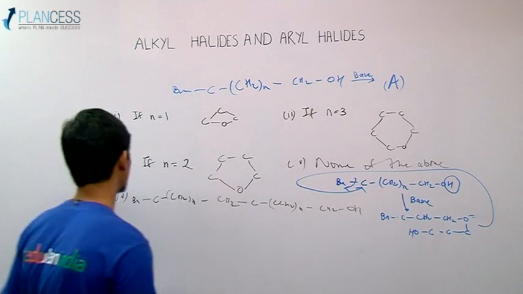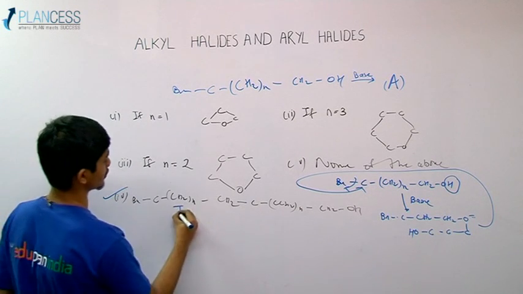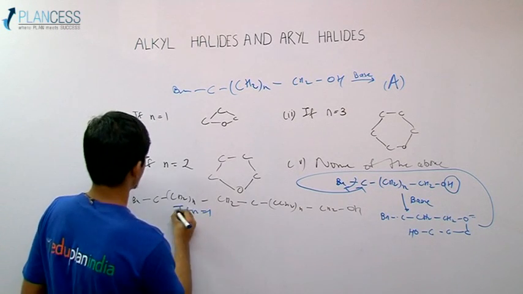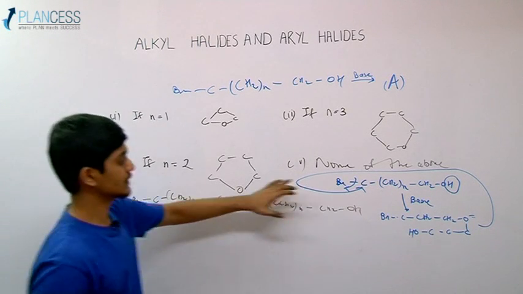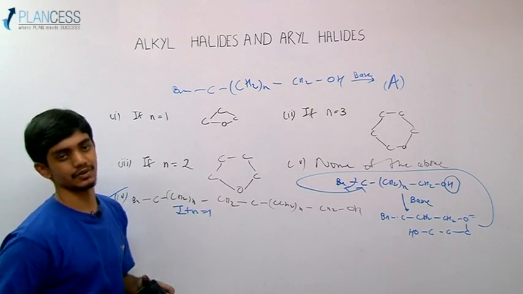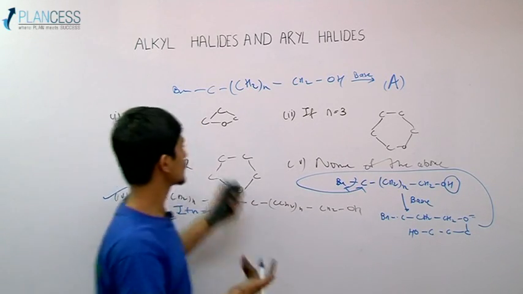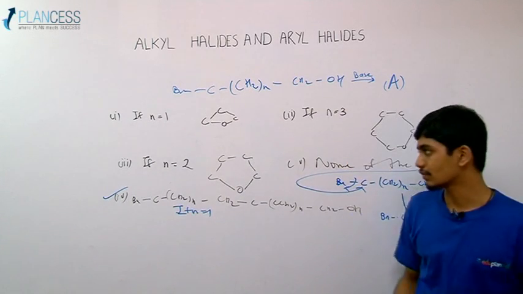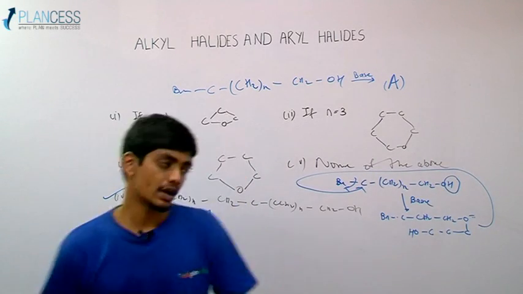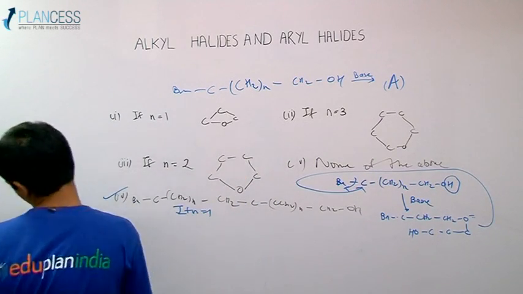So something like this product if n equals 1. So that means this is not a correct option, because n equal to 1, it suggests some cyclic kind of structure in which there are 3 carbons and 1 oxygen. So our correct answer must be the fourth one.